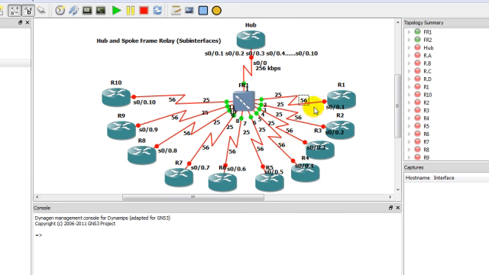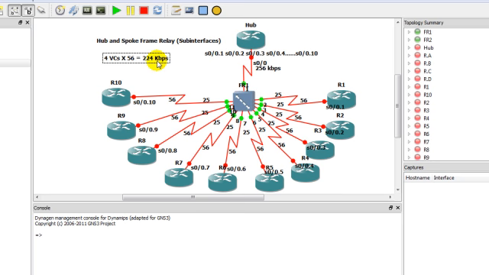This means that the actual bandwidth of my network is equal to 56 multiplied by 4, because I have 4 virtual circuits, so it equals 224 kilobits per second.